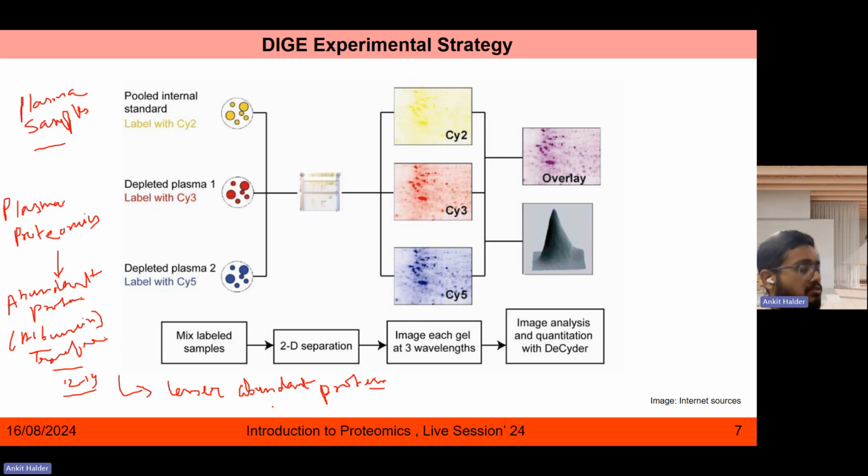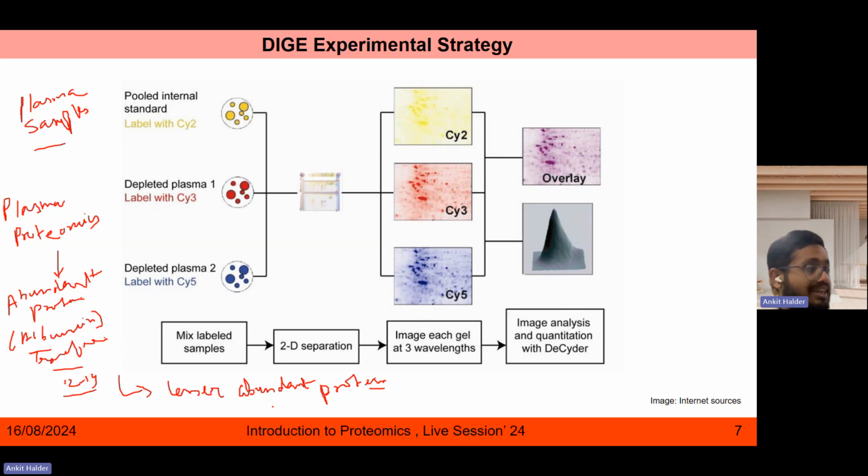So for that reason we are depleting the samples. Depleting here means getting rid of these highly abundant proteins so that the lesser abundant proteins also get a chance and we can measure their intensities. Now depleted plasma 1 is labeled with Cy3, 2 that is the conditions.